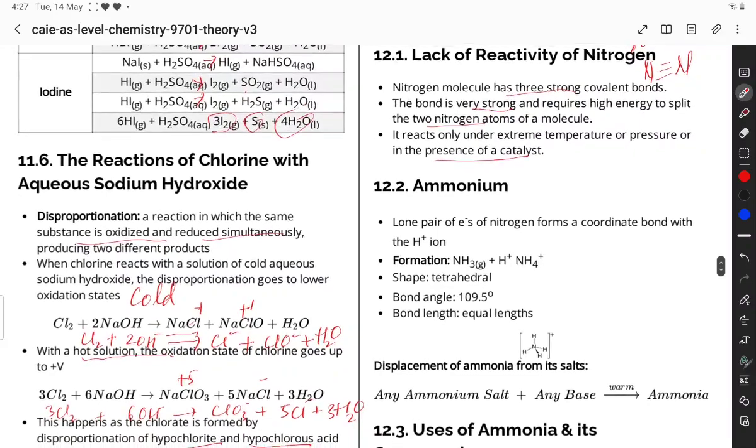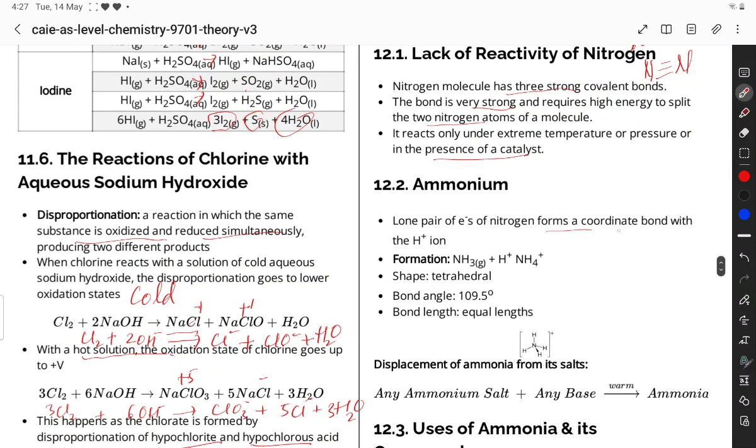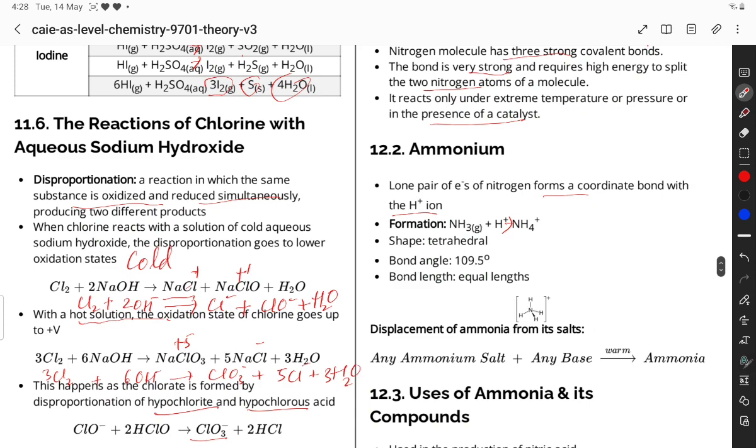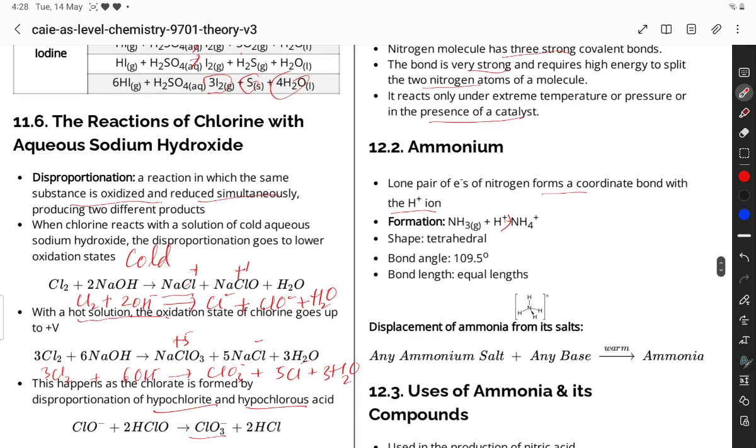The lone pair of electrons of the nitrogen atom forms a coordinate bond with a hydrogen ion, forming NH3 plus H positive to form NH4 positive. The shape is tetrahedral, the bond angle is 109.5 degrees, and the bond lengths are equal, that is ammonium.